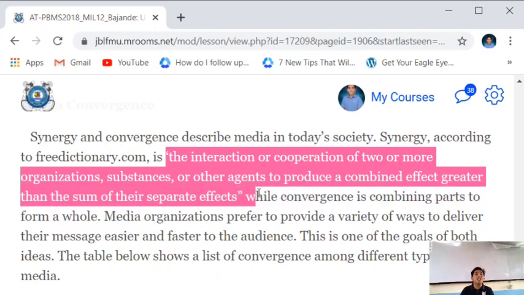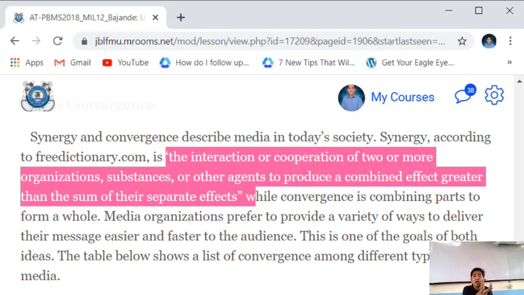So first, we are going to define synergy. Synergy, class, is when these are separate organizations or separate types of media, but they are combined all together so that their effect is greater.